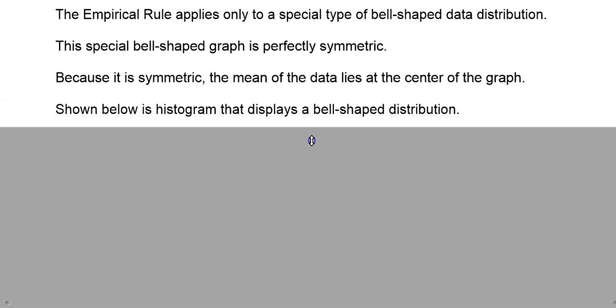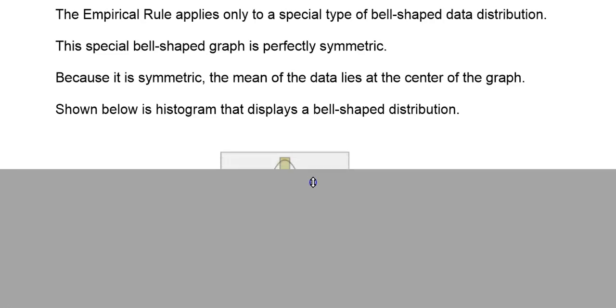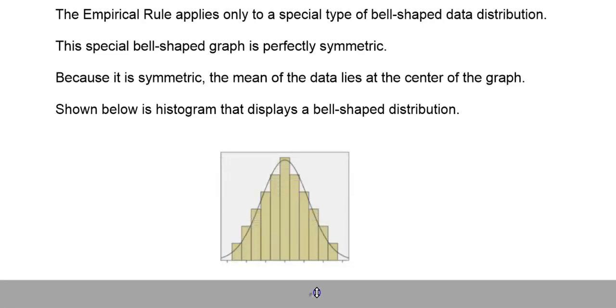Now shown below is a histogram that displays a bell-shaped distribution. And you see I have outlined the histogram with the bell shape.